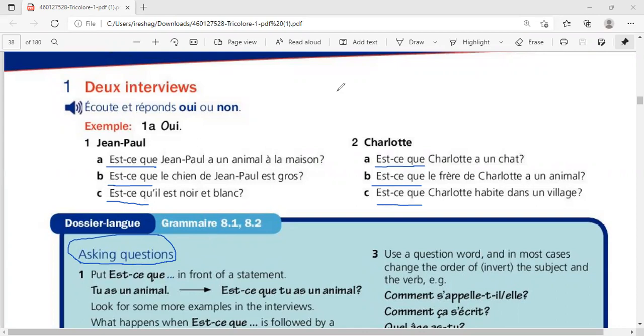Teacher, what question do we have to write? First question. Est-ce que... Do we have to write Jean-Paul as a subtopic inside the question? No, you just write down the first question.